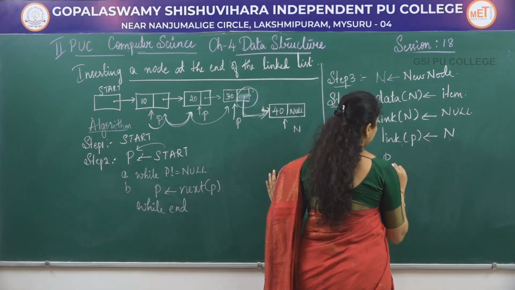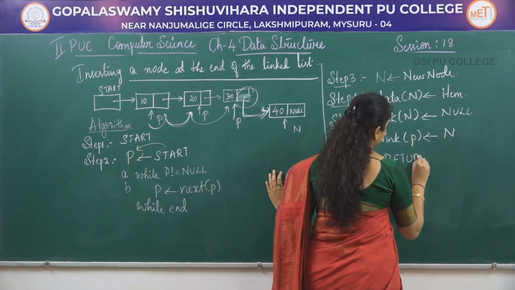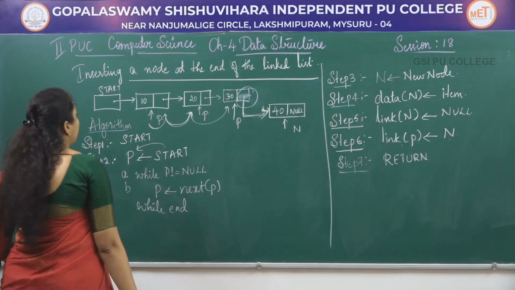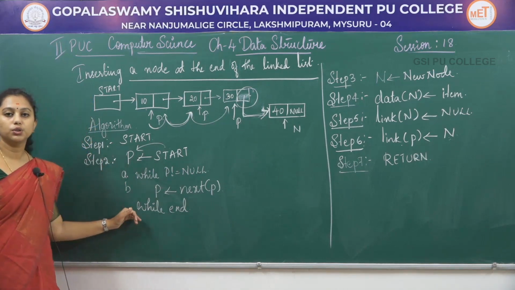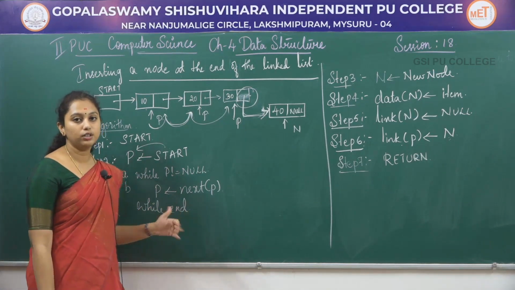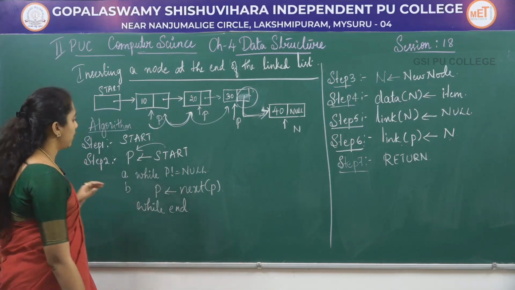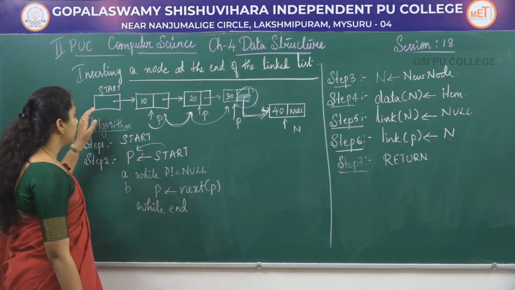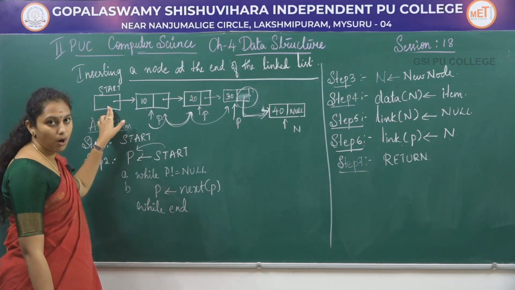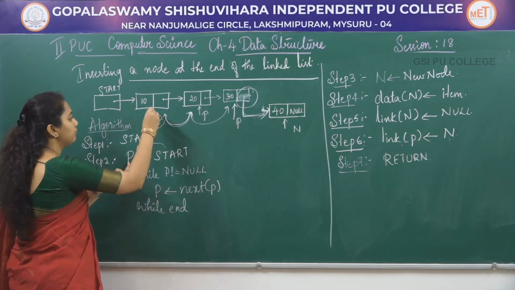Step 7, return. So this is how we are going to insert a node at the end of the linked list. First we are going to consider that the start pointer contains the address of the first node.